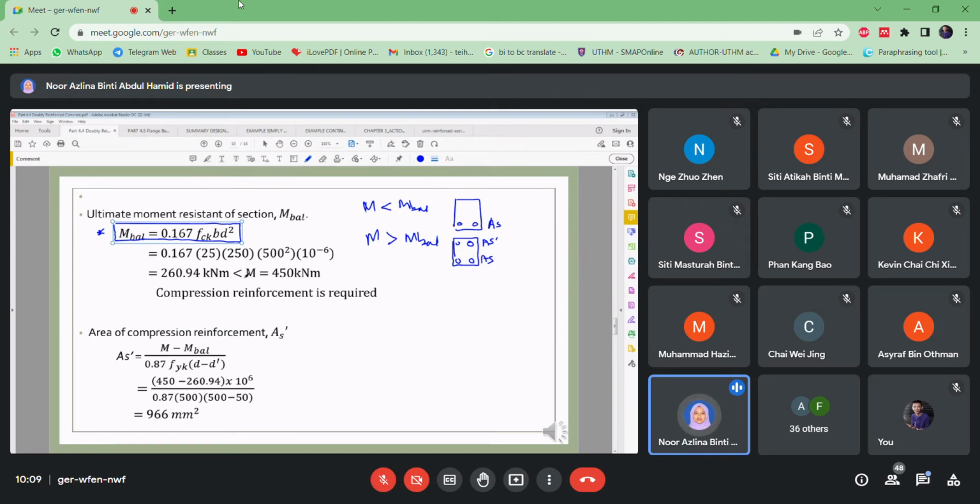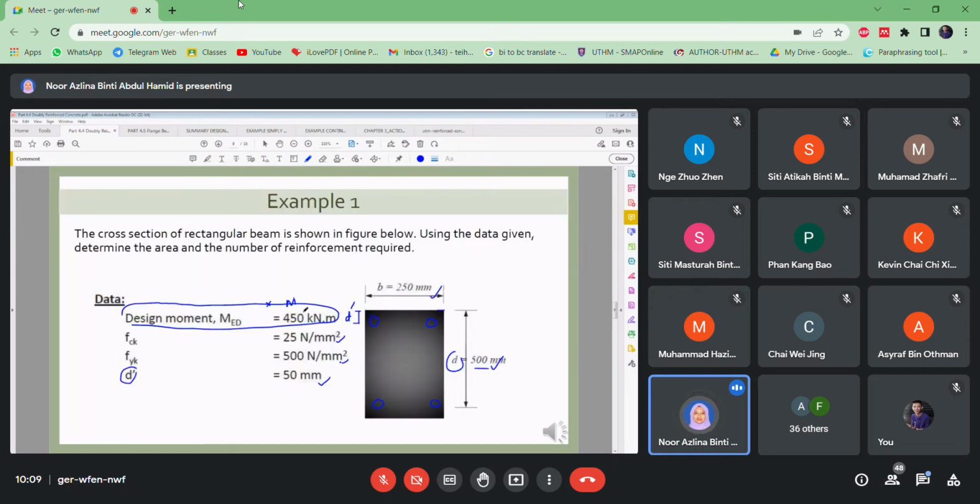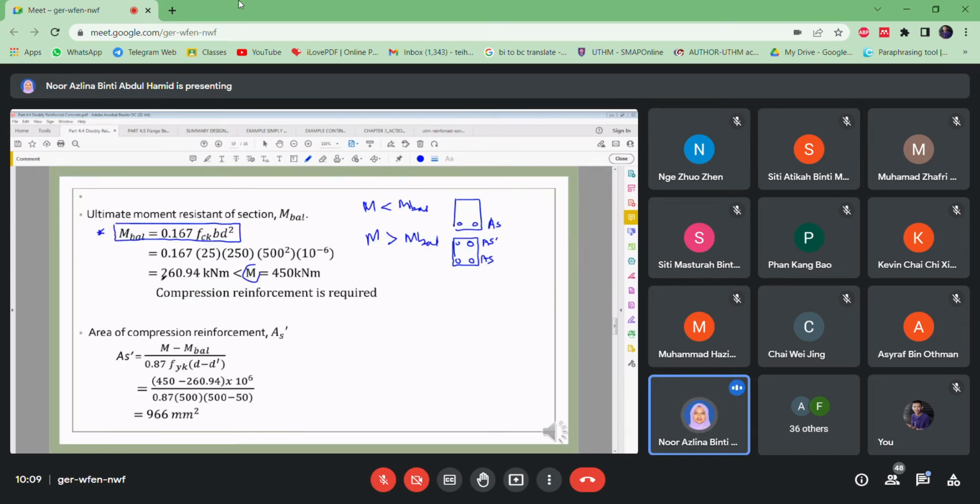So in this case, moment here is 450, right? 450. You need to compare with the M balance. M balance dapat 260. That means moment here 450 is more than the M balance here, for the beam that consists of FCK 25.